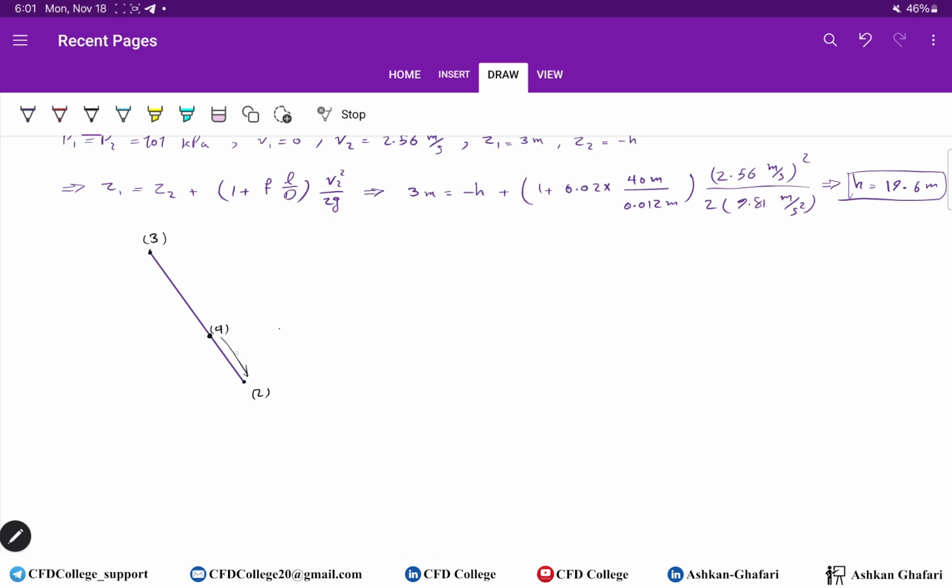This length is L. And we have this triangle.